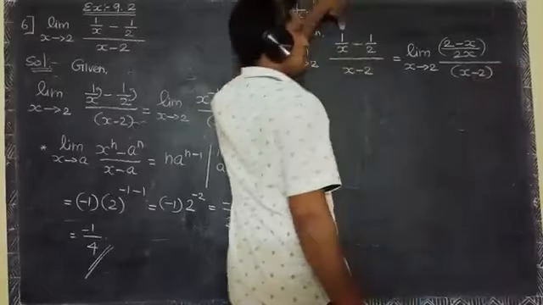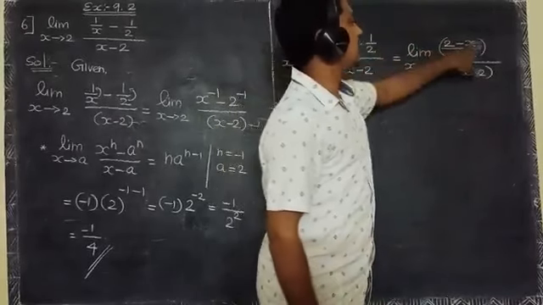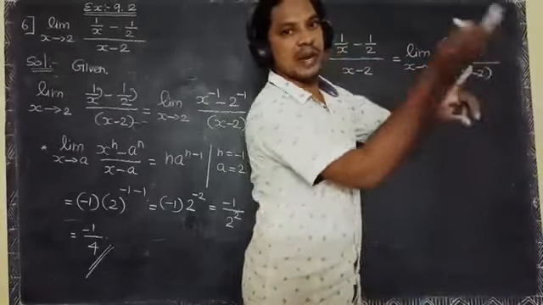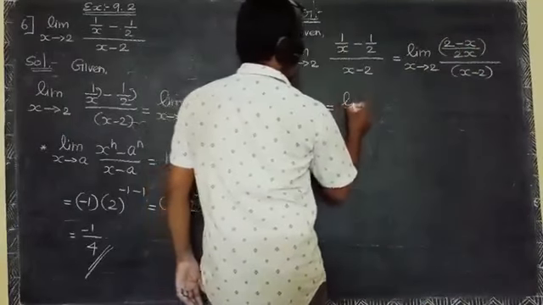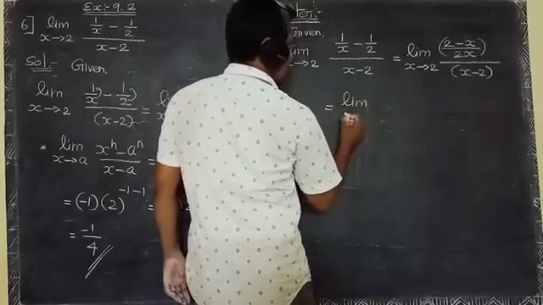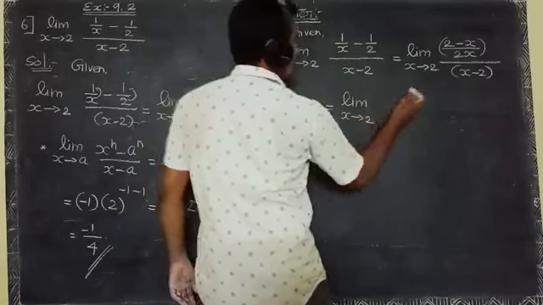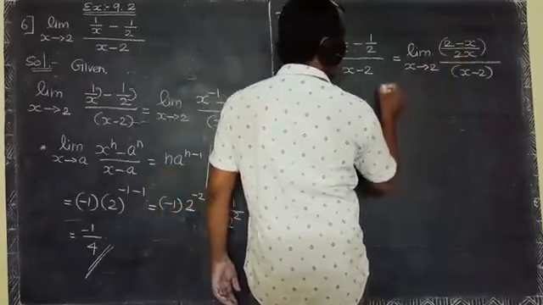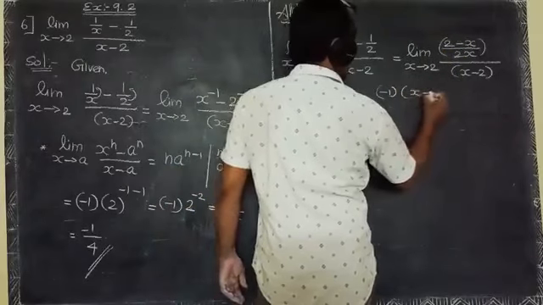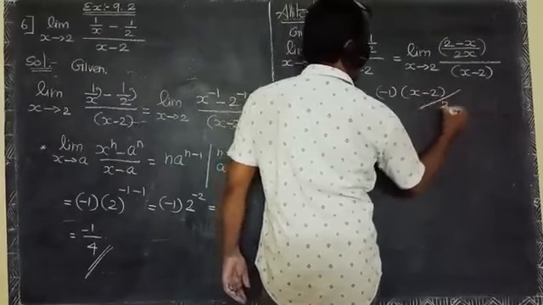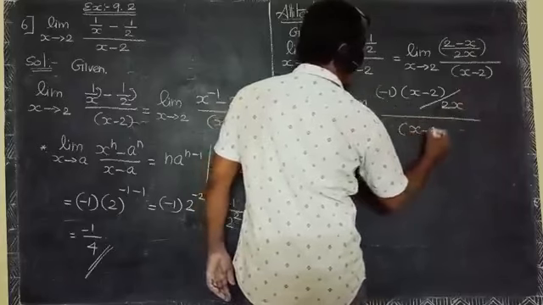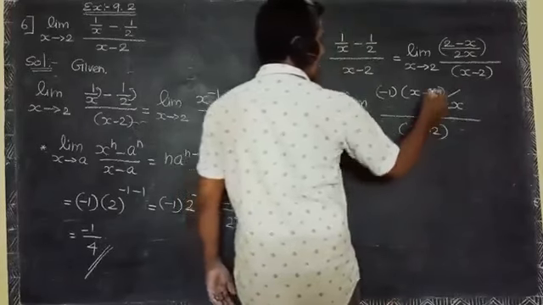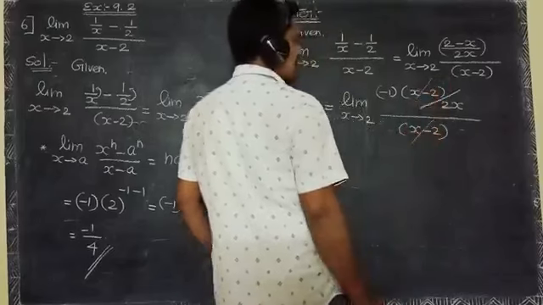Here in the numerator 2 minus x, take outside minus 1, limit x approaches 2 of minus 1 times x minus 2 divided by 2x, divided by the factor x minus 2. The factors x minus 2 are cancelled.